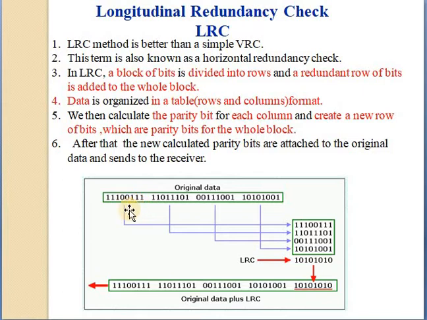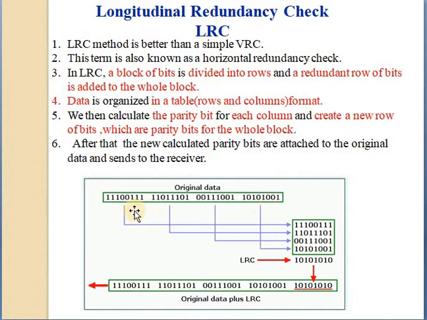In that figure, the original data is divided into four blocks. First block is 111001111. Second block is 1101101. Third block is 001110001, and fourth block is 101010001.